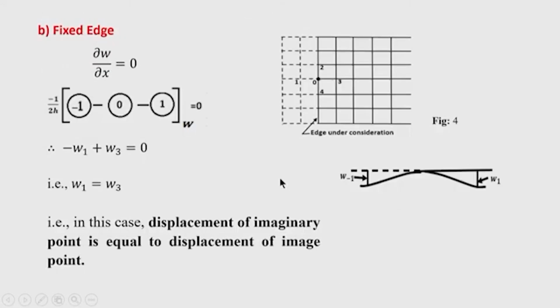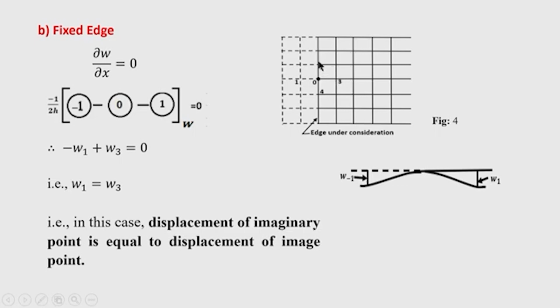Now, let us go to the fixed edge. Fixed edge condition is depicted by del W by del x equal to 0, and the deflection is also 0. When this stencil is placed here, 0 is the center. The other values are at the imaginary point 1 and one value at the image point.